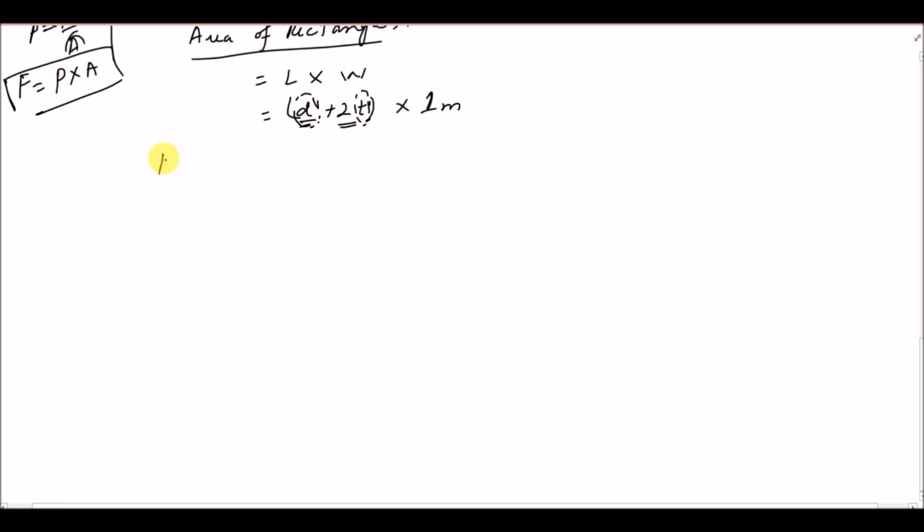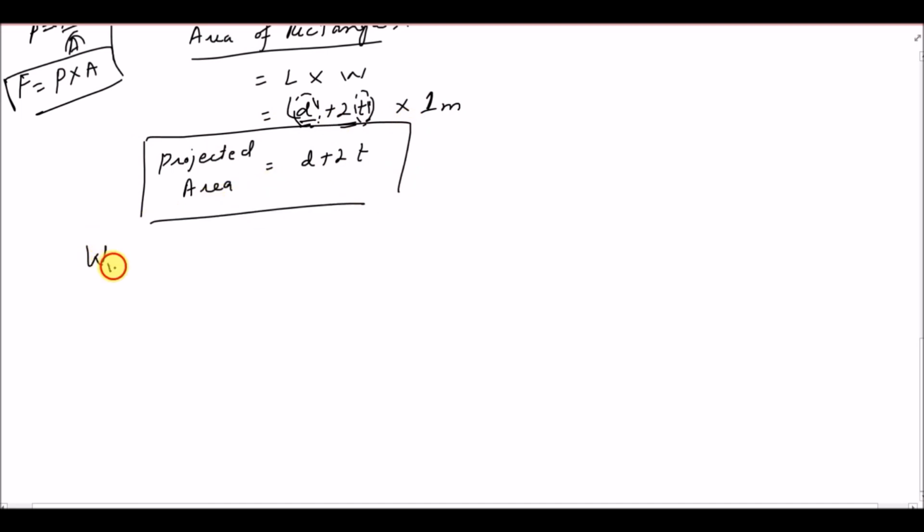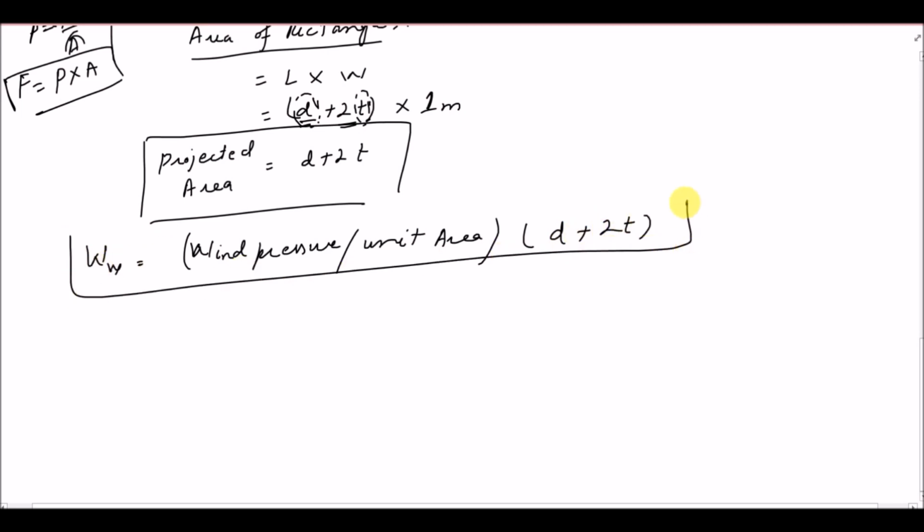So the projected area is equal to d plus 2t, and from the formula for the wind force, it was wind pressure per unit area into the projected area.